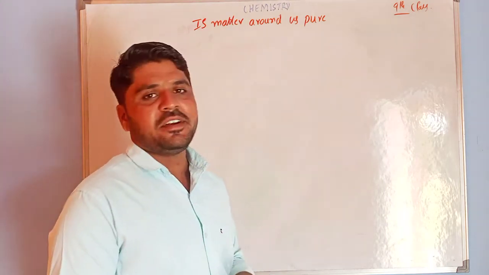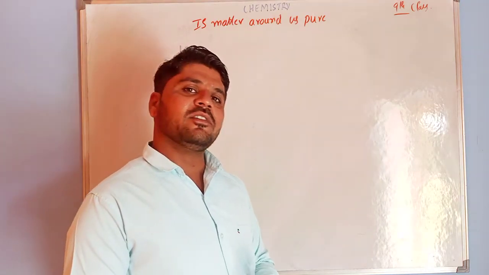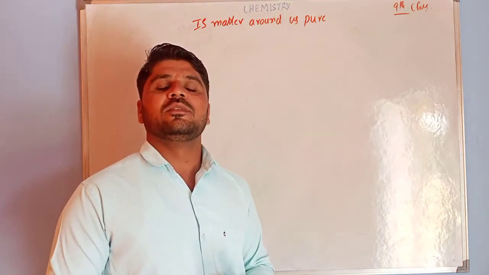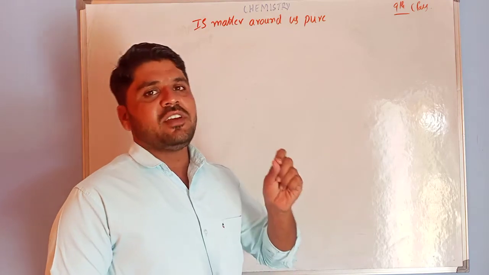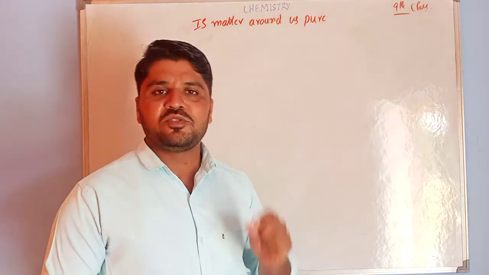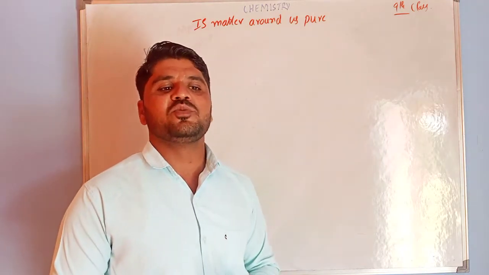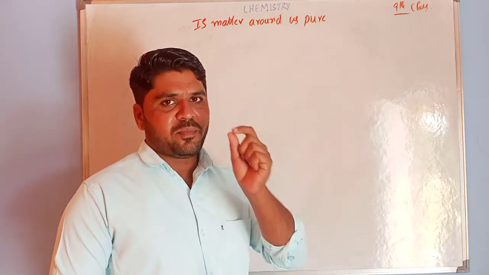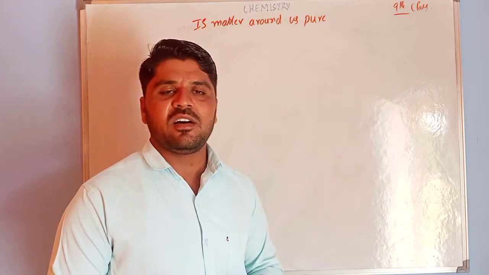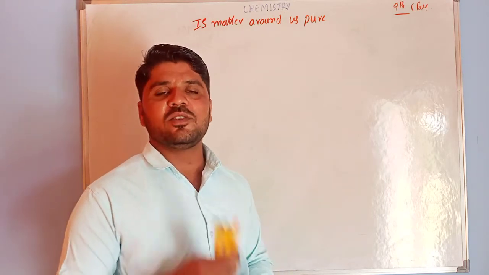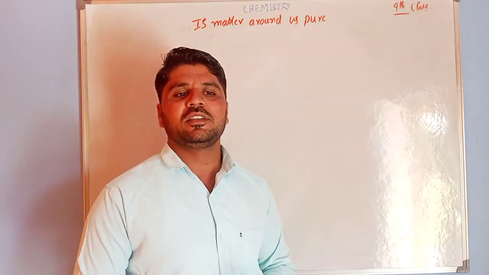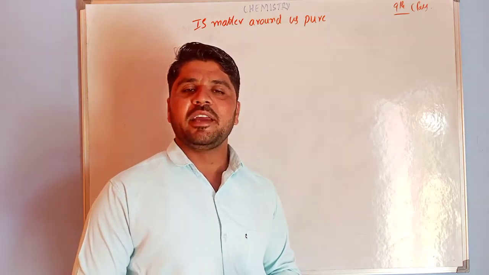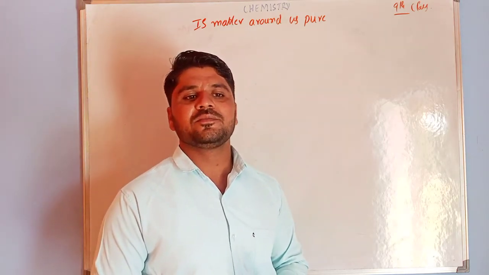And also we discussed the properties of solutions. Whenever we call something a solution, it should be homogeneous, and the particles are very small. The diameter of a particle is 1 nanometer, that is 10 to the power of minus 9 meter.